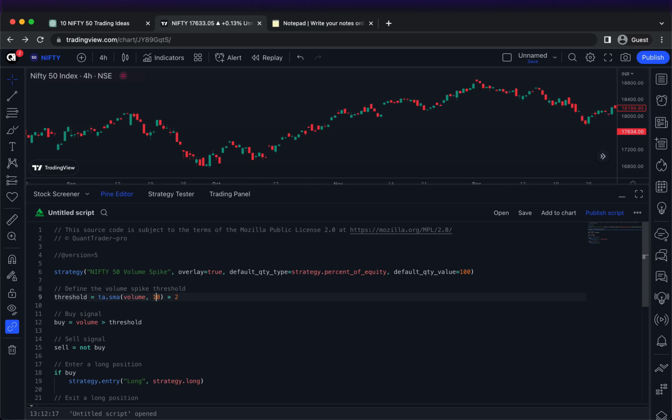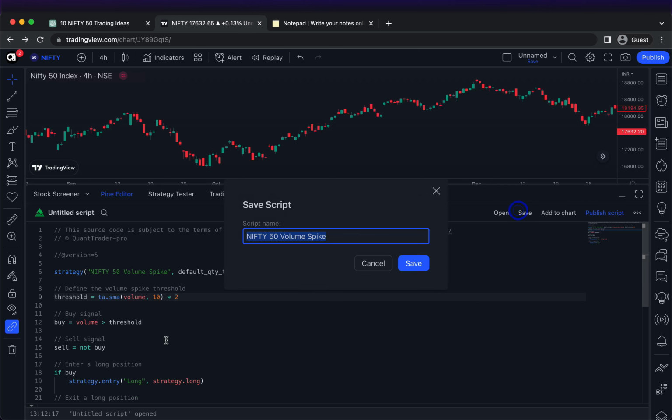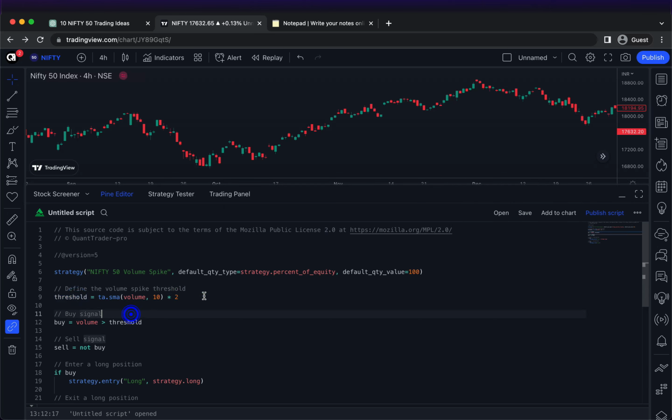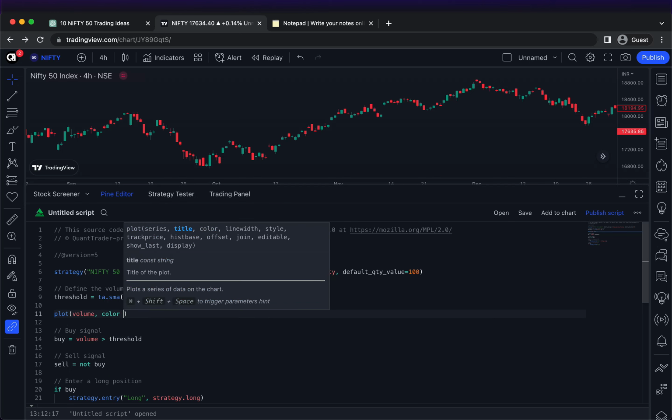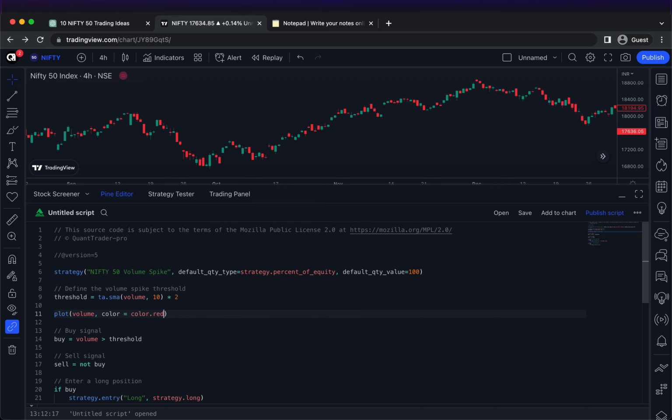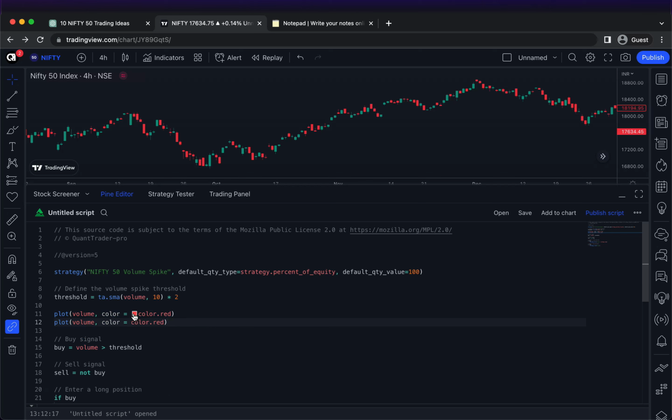So for the threshold, let's use a simple moving average for the volume, and let's put it on a separate chart. Let's save it, and let's put a plot for the volume and for the signal. Put it in red color, and let's create one more plot for the threshold.